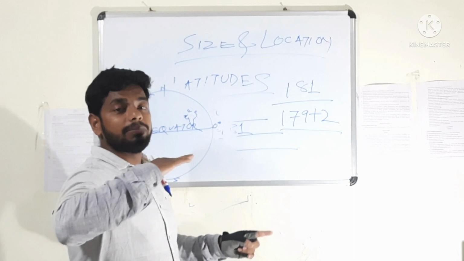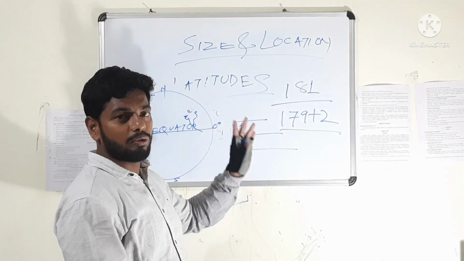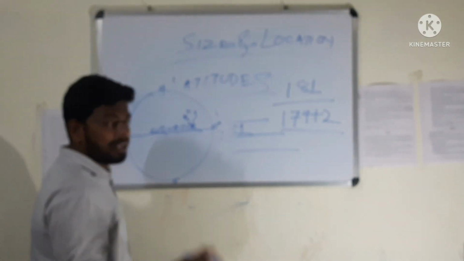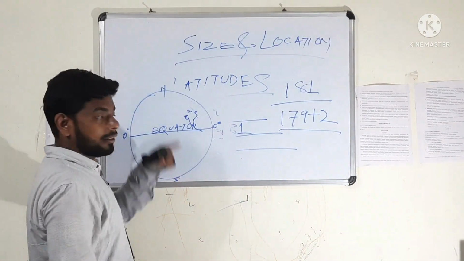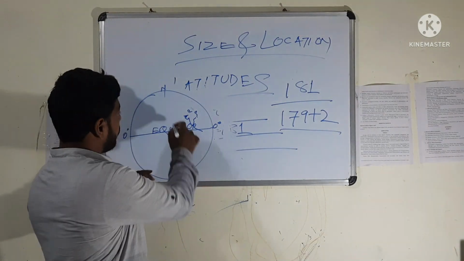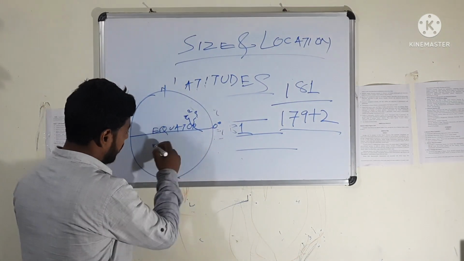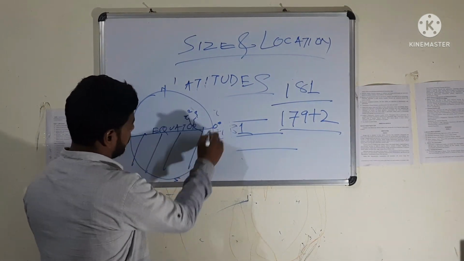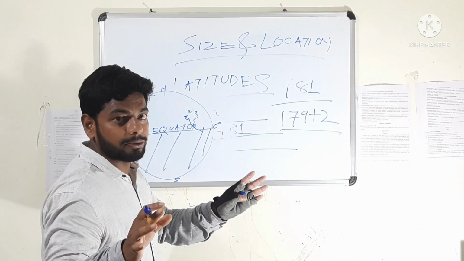Latitudes are imaginary horizontal lines, and the total number of latitudes is 181. Certain important latitudes we are discussing, and the very important one is the equator, which divides the globe into two equal halves. The northern part is called the northern hemisphere, the southern part is called the southern hemisphere. And India is located entirely in the northern hemisphere.